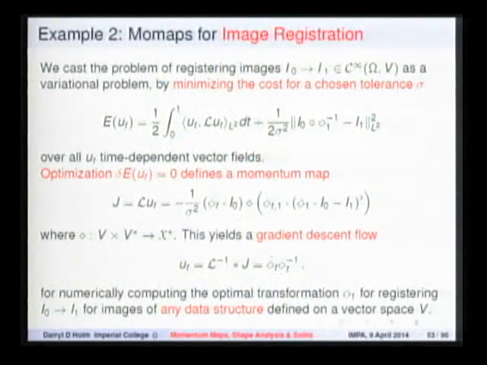In taking the variation of phi inverse at time 1 with respect to the velocity, you have to use big Ad. So your variational derivative for this momentum map involves big Ad.